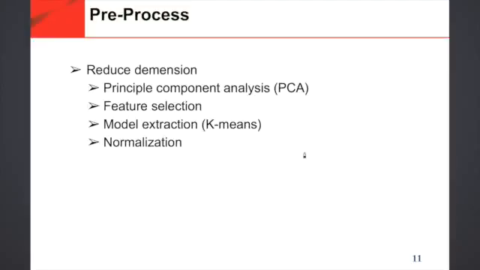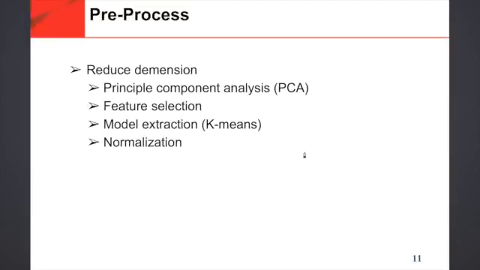And the last one is normalization, because the scales of different features are usually very different. If we simply use the Euclidean distance on the old dataset, some of the features are severely biased.